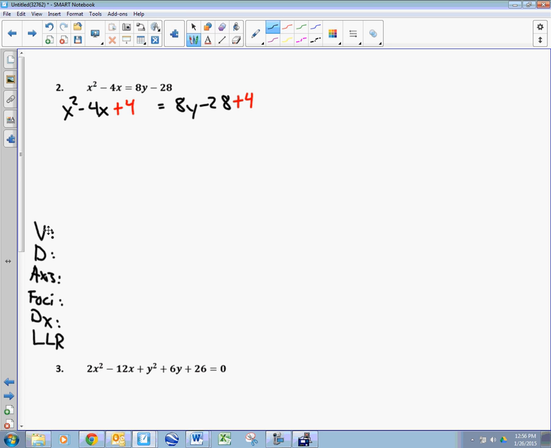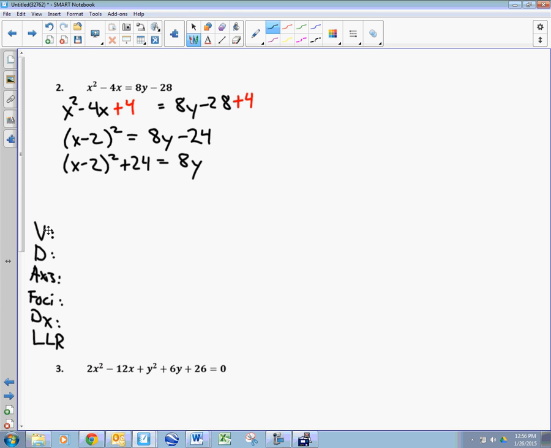What does that factor down to? Equals 8y minus 24. I want to solve for y. What do I do to both sides? Add the 24. X minus 2 quantity squared plus 24 equals 8y.